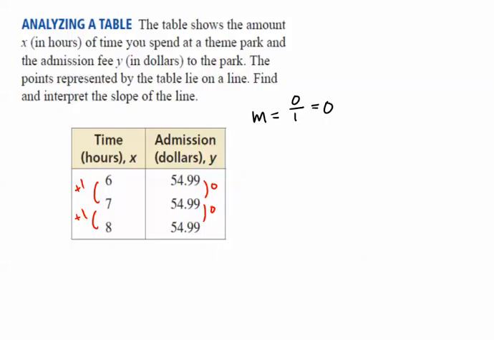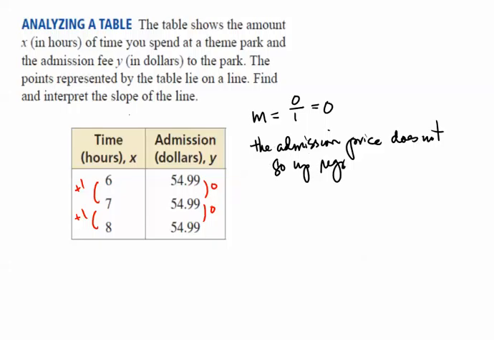Another way of looking at it is that the admission price never goes up regardless of how long you stay. So we want to interpret the slope. The admission price does not go up regardless of how long you stay at the park.